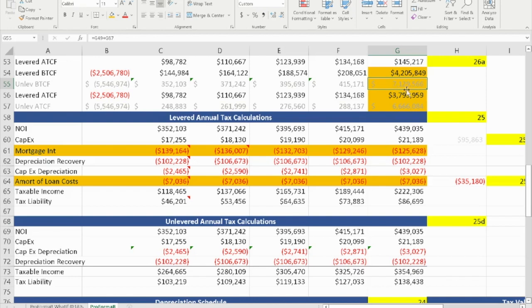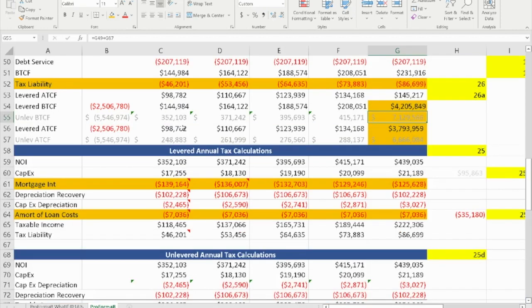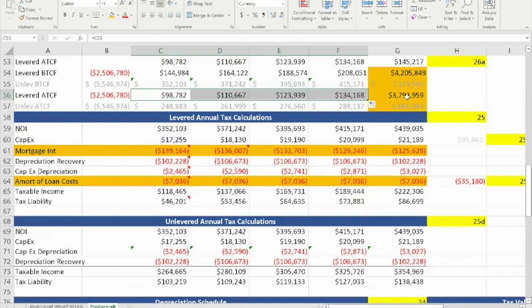Now, to calculate the levered after tax cash flow for year 1, we're going to reference, again, the levered after tax cash flow we've already calculated up here, C53. We're going to drag it across to year 4. For year 5, we're going to utilize the reversion amount in this formula as well.